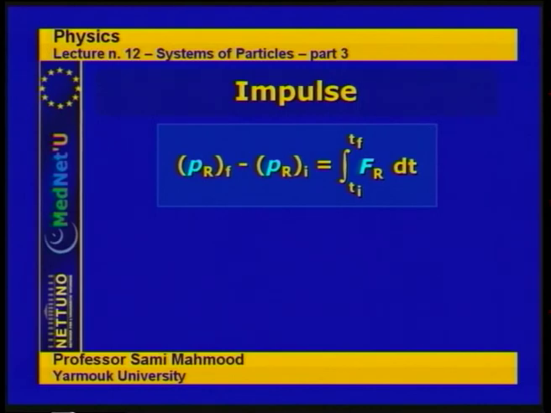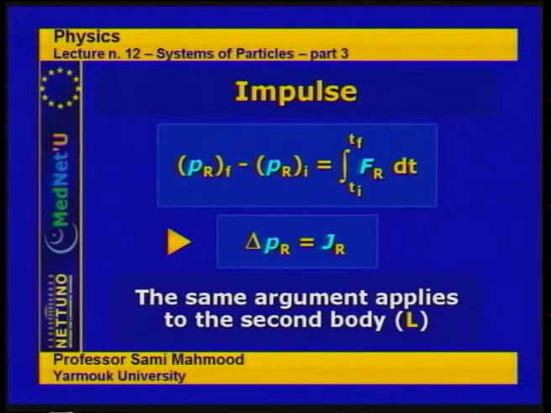So delta p, or p sub r in the final state minus p sub r in the initial state is equal to the integral of f sub r dt from initial time to final time, which is simply the impulse acting on object r. So delta p, the change of momentum in object r, is equal to the impulse acting on object r.